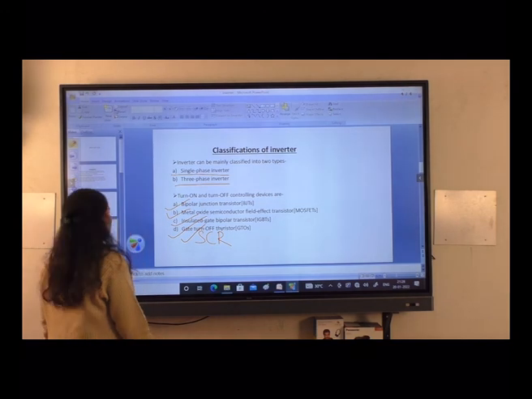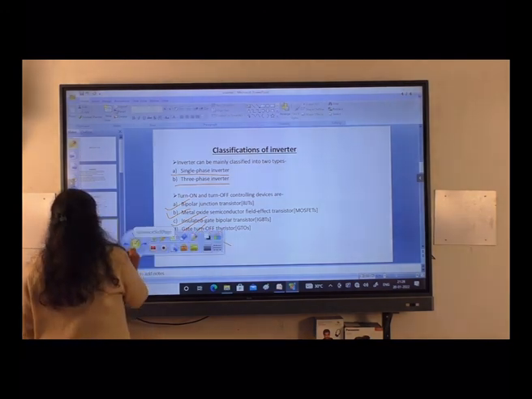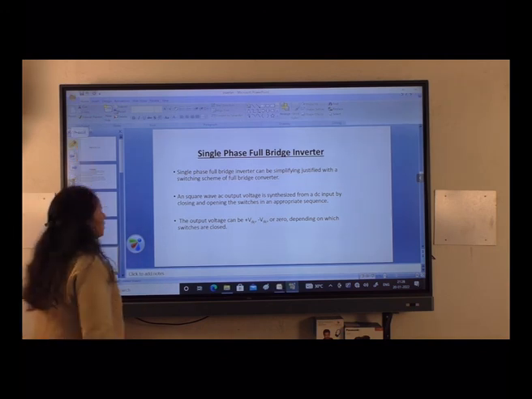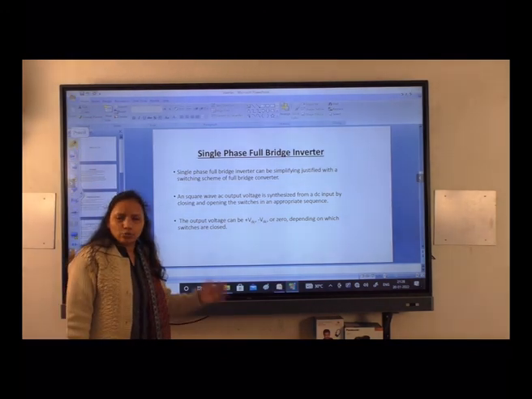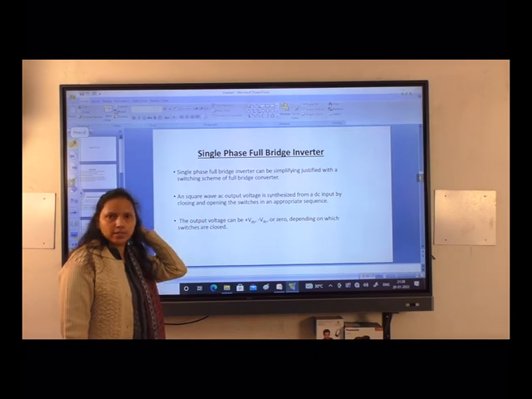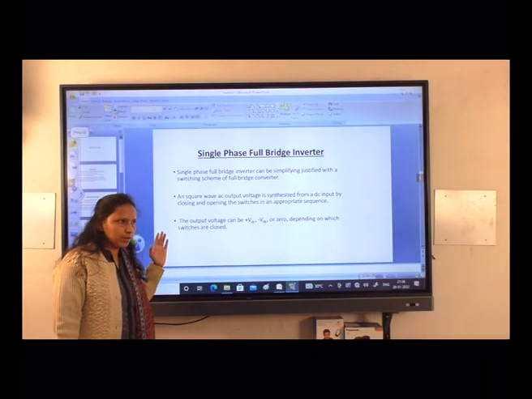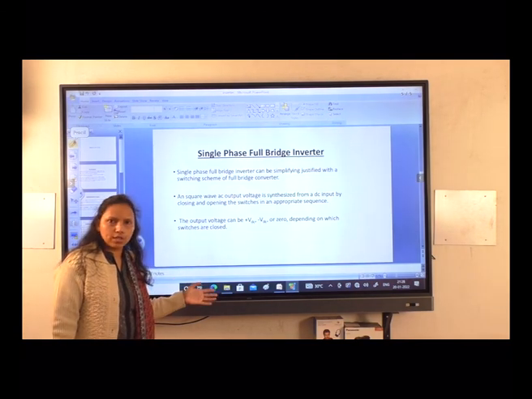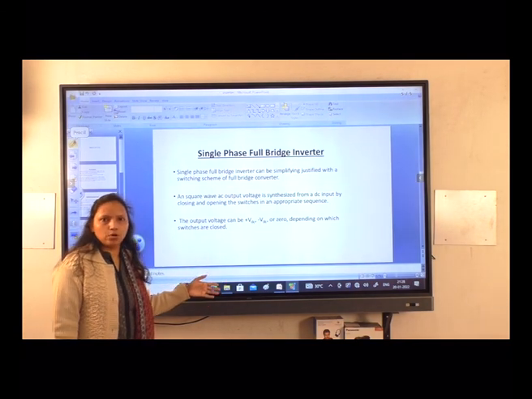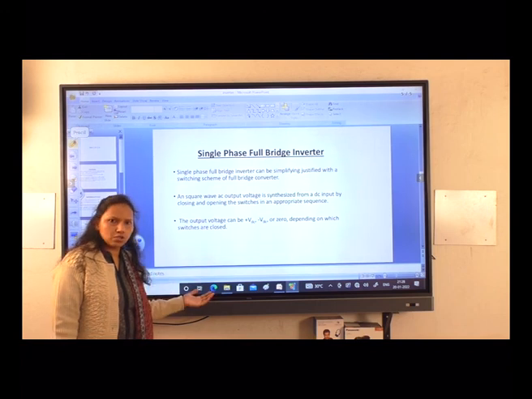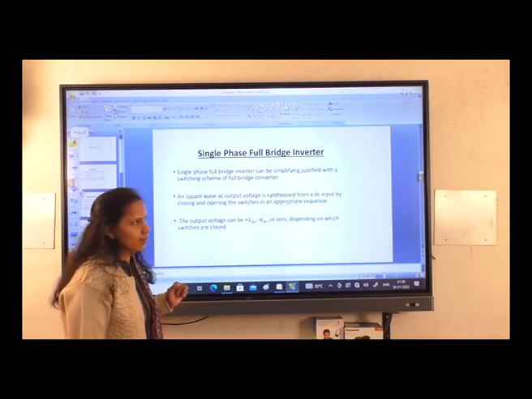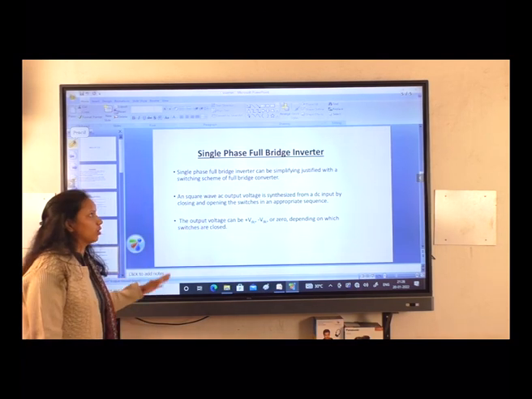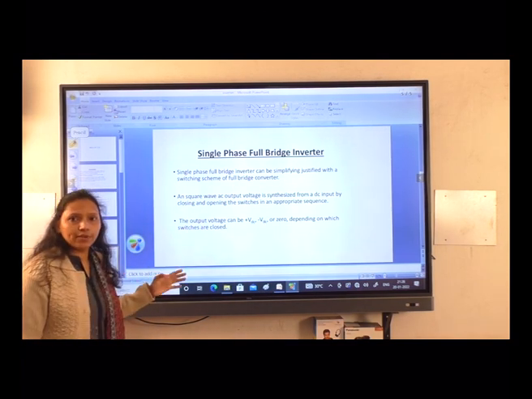Clear? In this session we will give more importance to the single phase inverter, because in your syllabus you have the single phase inverter, not three phase. In your higher level study you will study the three phase inverters. So let's discuss the single phase inverter.